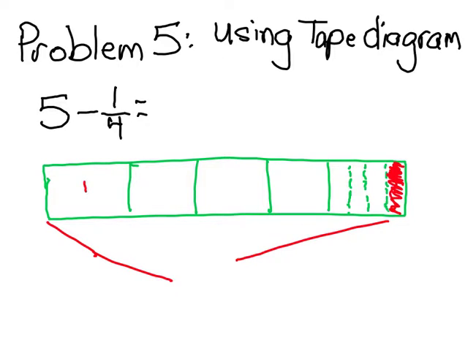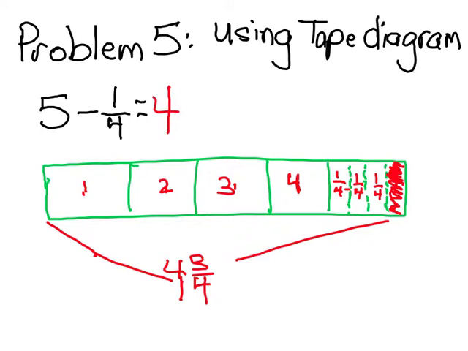We have 1, 2, 3, 4, 1/4, 1/4, 1/4. So that's 1, 2, 3, 4, and 3/4. So our answer is 4 and 3/4.